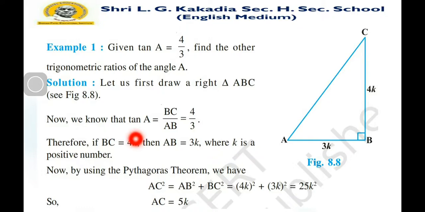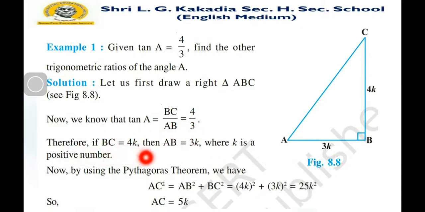Therefore, we take BC equal to 4K, because we have cancelled some common terms from 4 and 3 but we don't know them. Then AB is equal to 3K, where K is a positive number cancelled from both numerator and denominator.